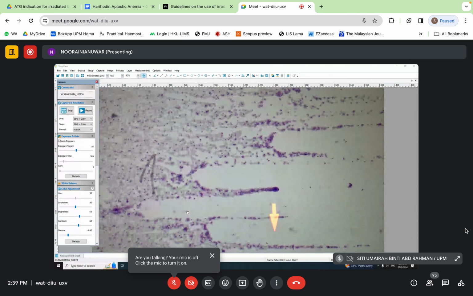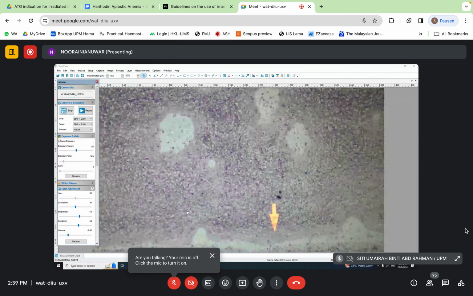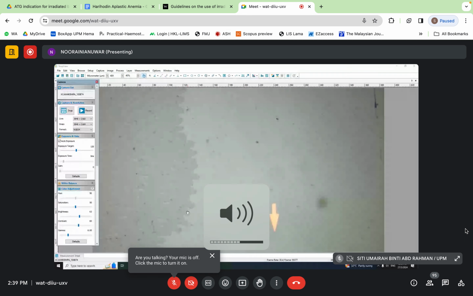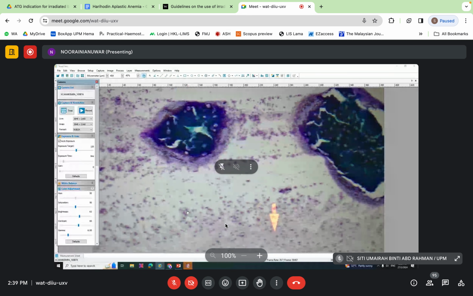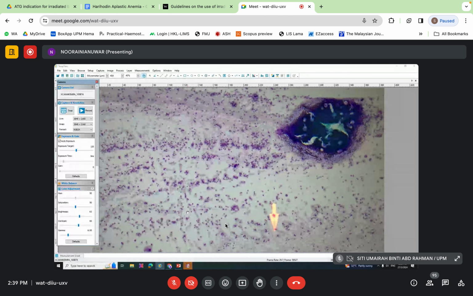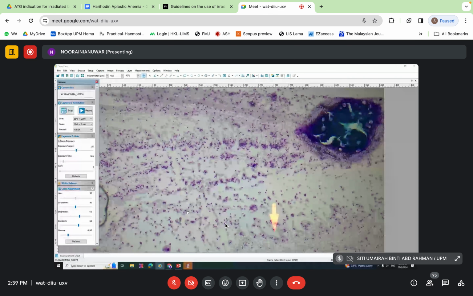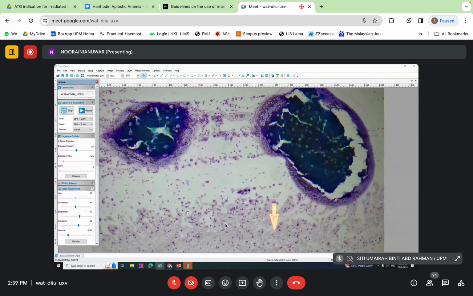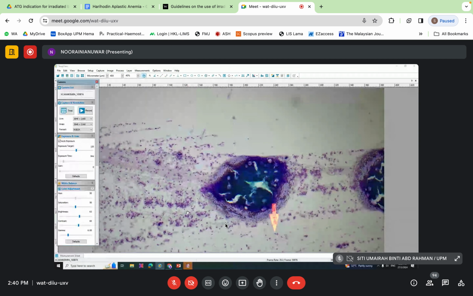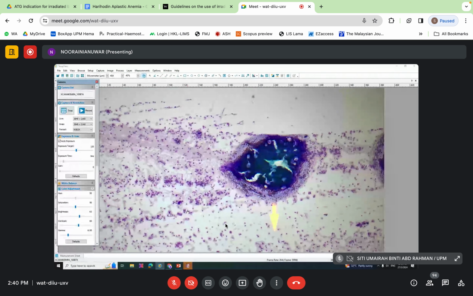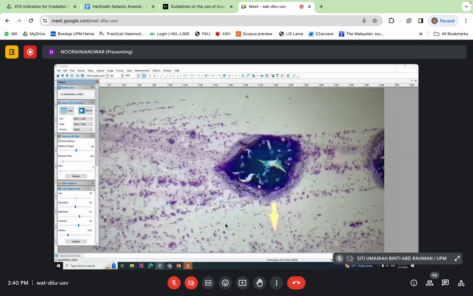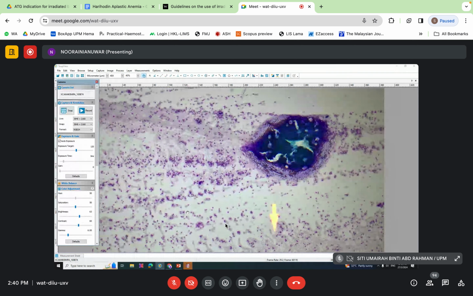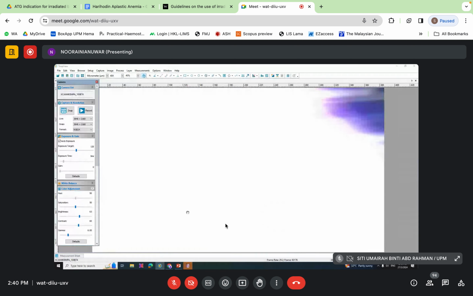The fragment is hypercellular, and the cell trail, I think, is a bit more hemodiluted compared to the hypercellularity of the fragment. For the fragment cellularity, this is a 68-year-old, so a hypercellular fragment. Okay, zoom in.